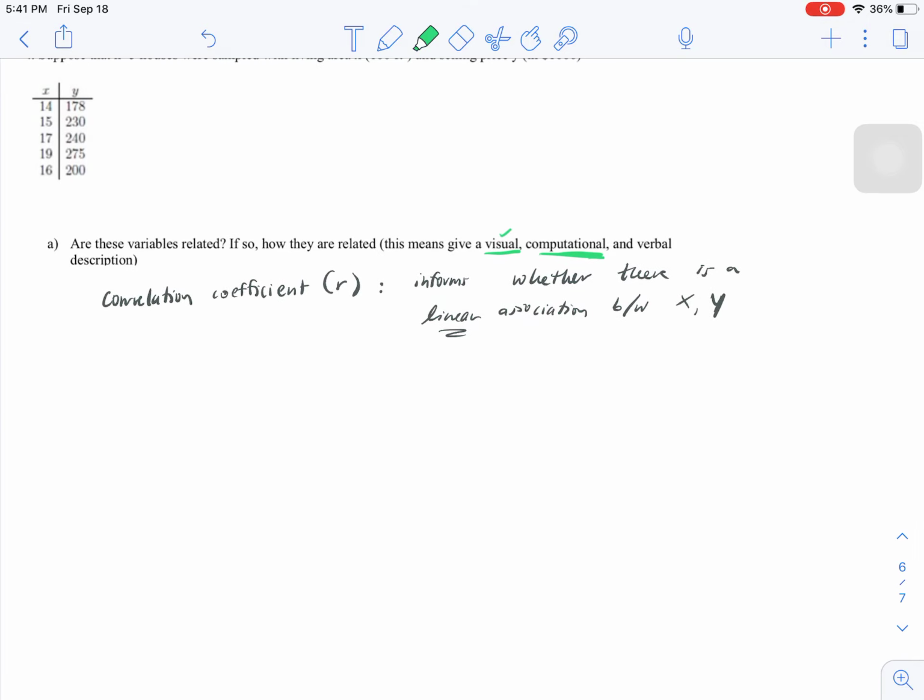And we'll get a little bit more into how to interpret it in a few minutes. Let's just calculate it first.